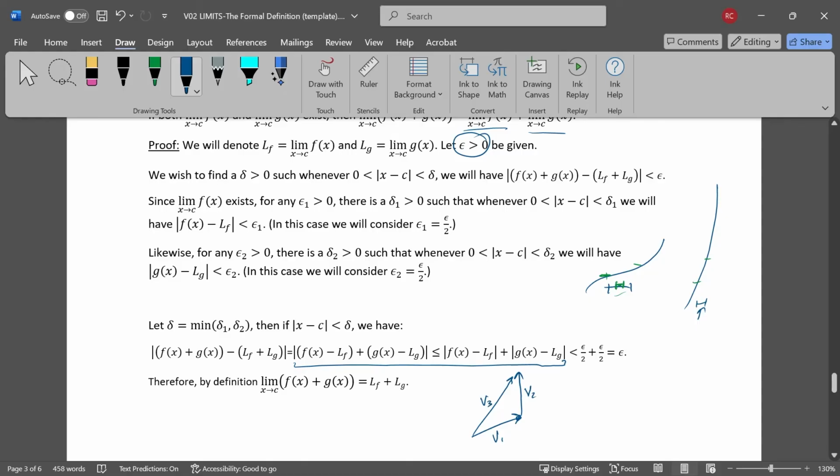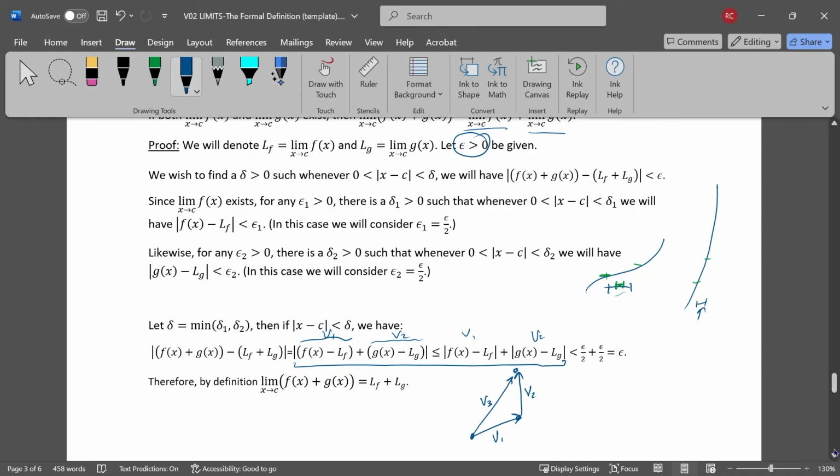Meaning, if I start at the same starting point, and I go to the sum of the two vectors, I travel along both and go to my endpoint, but I do it directly, I travel less actual distance than if I take the scenic route. Right? So this is called the triangle inequality. And this is true in general for any absolute values, right? The absolute value of v1 plus v2 is less than or equal to the absolute value of v1 plus the absolute value of v2.